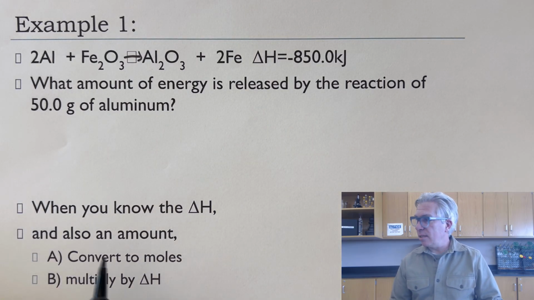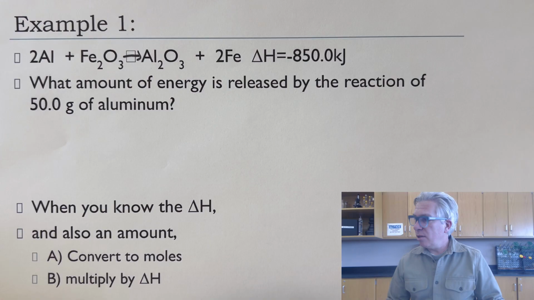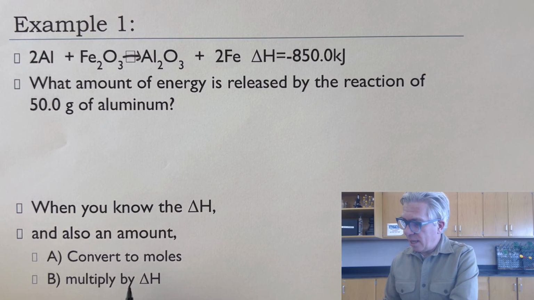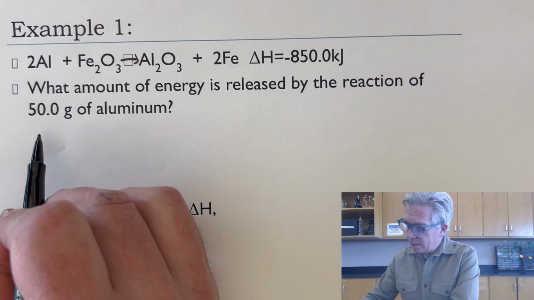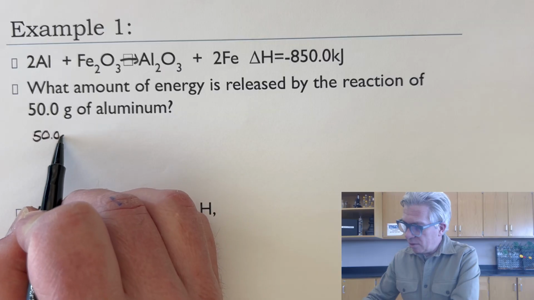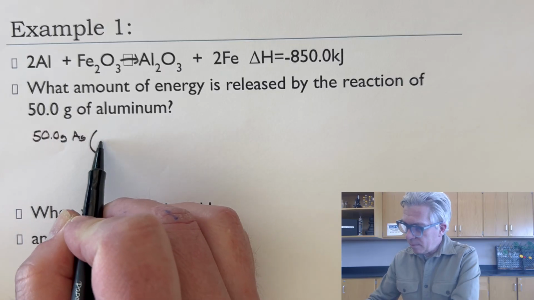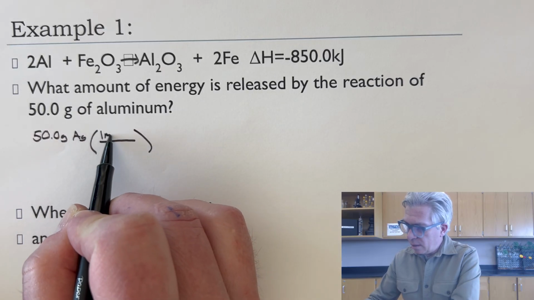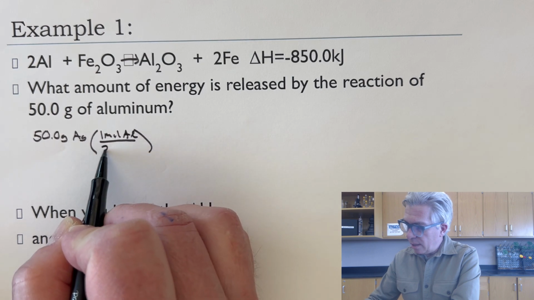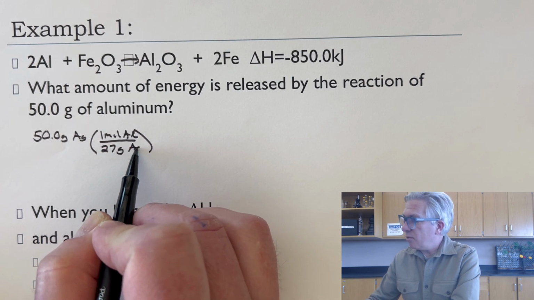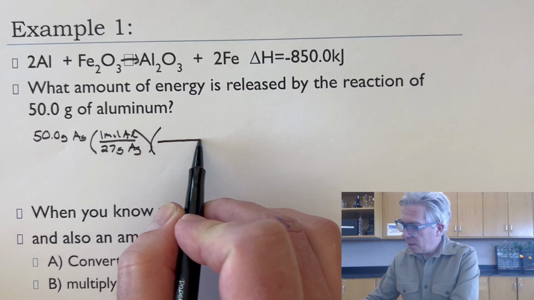When you do this, and you know the delta H and also an amount, convert to moles if necessary. You can follow these 2 steps, and then multiply by your delta H. So it goes something like this. I need to have it in moles, so 50 grams of aluminum. We'll do a quick 1 mole of aluminum, and I'm just going to round it to 27 grams of aluminum off the periodic table.